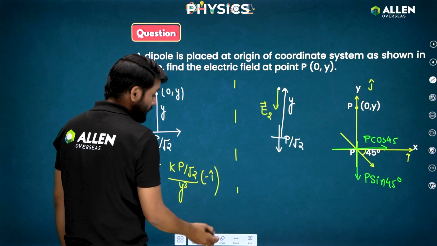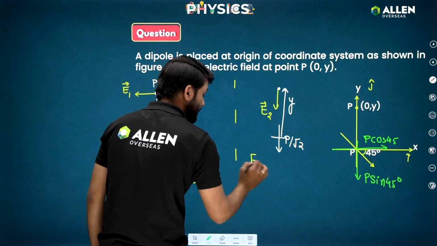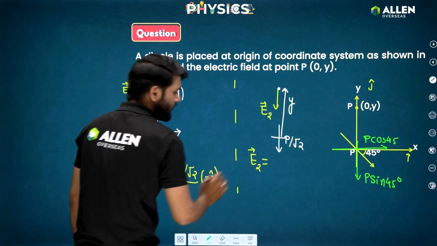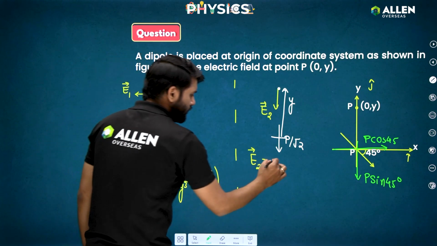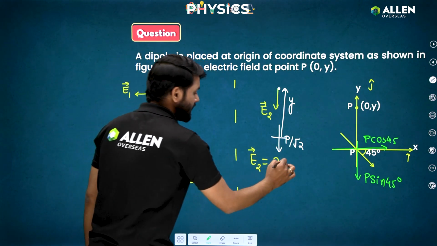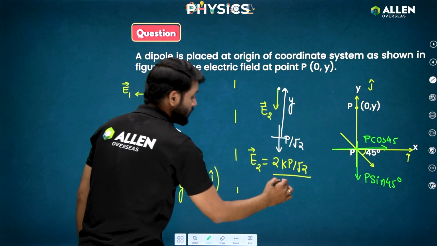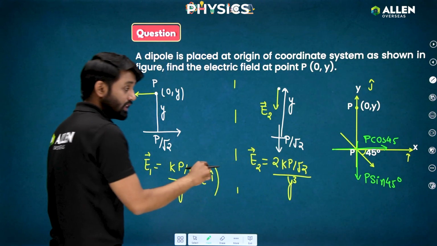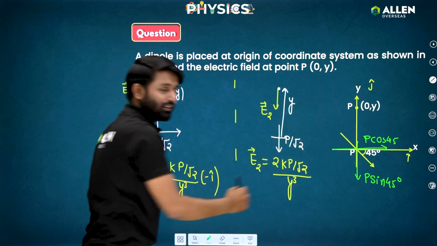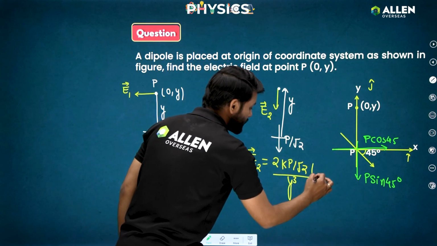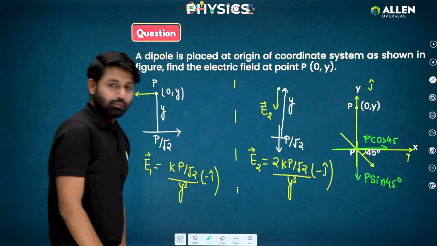Sir, what about magnitude? E2 is, formula is 2 Kp, where p is P by root 2, so 2 Kp by root 2 divided by r cube which is y cube. And direction is along negative y-axis, so minus j cap. Is that clear, students?